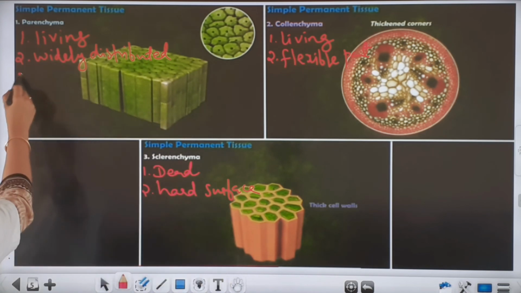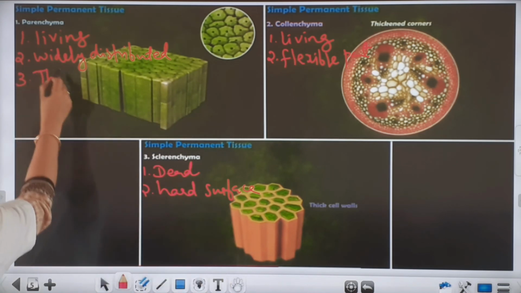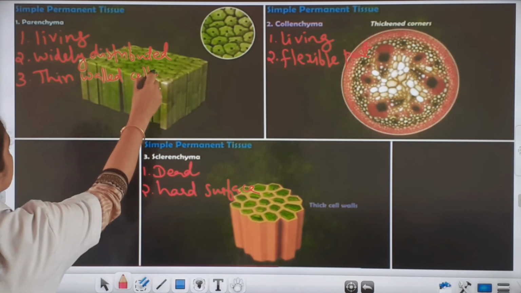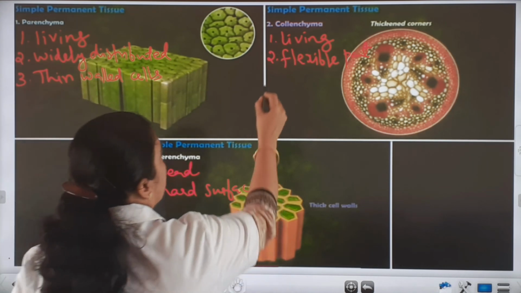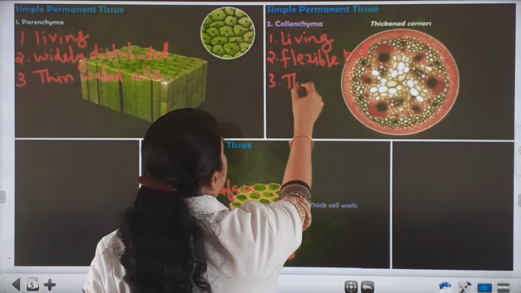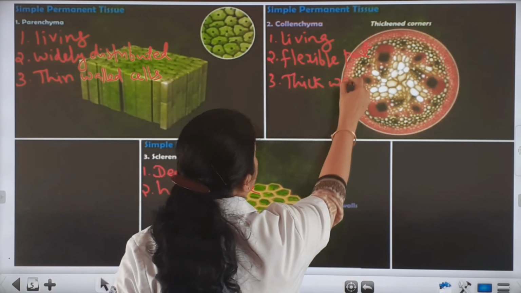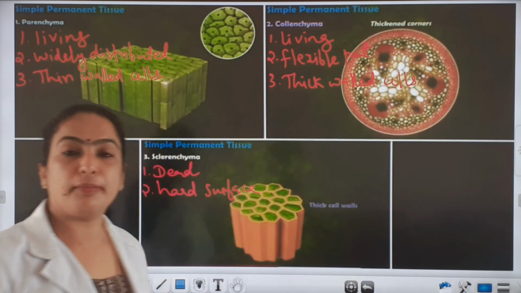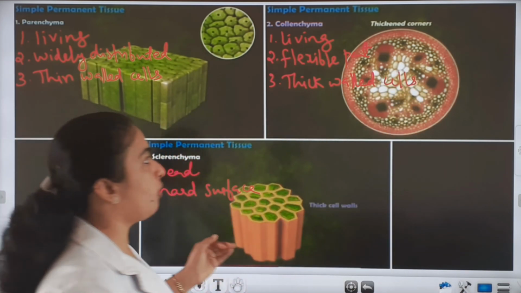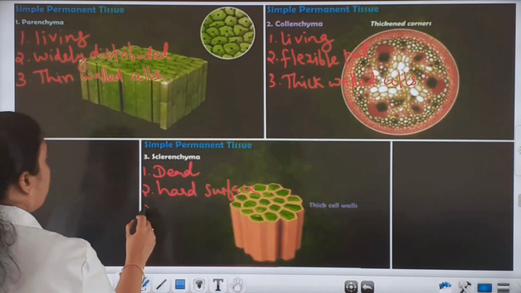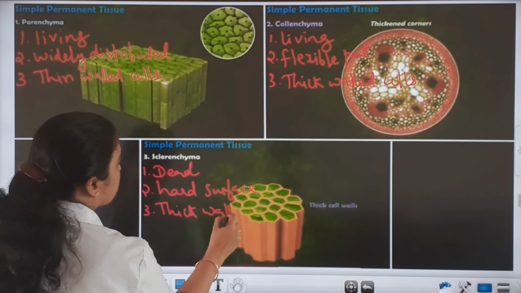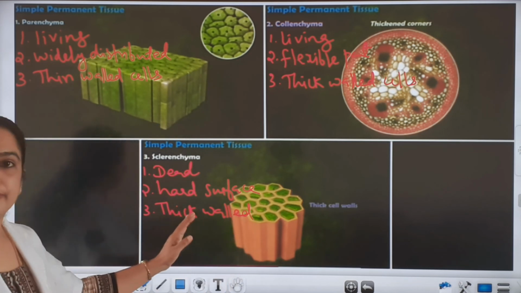The third point is, parenchyma has thin-walled cells, and collenchyma has thick-walled cells. The walls are made of cellulose and pectin, as we already learnt. Sclerenchyma also has thick-walled cells, made up of lignin.